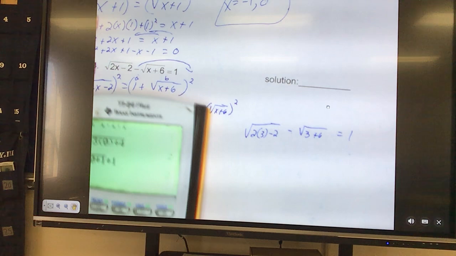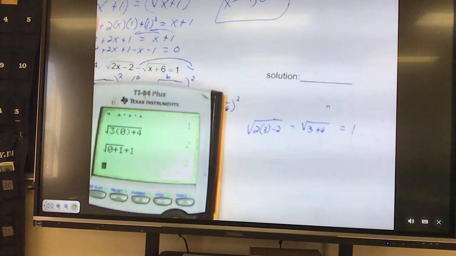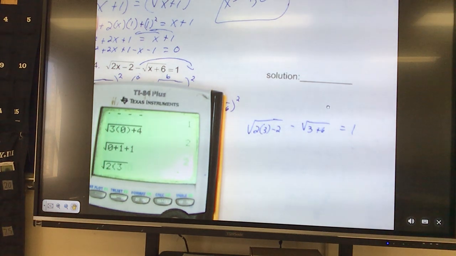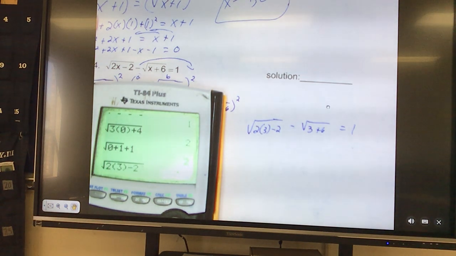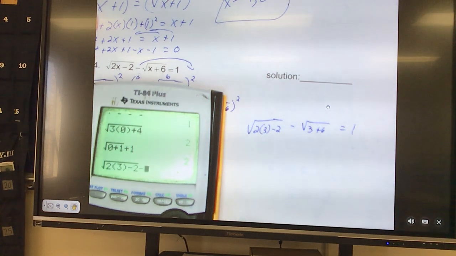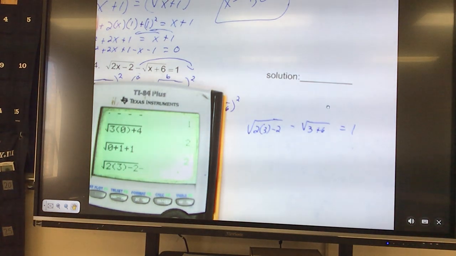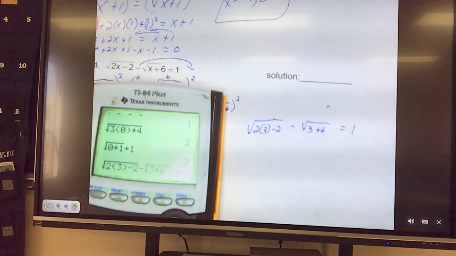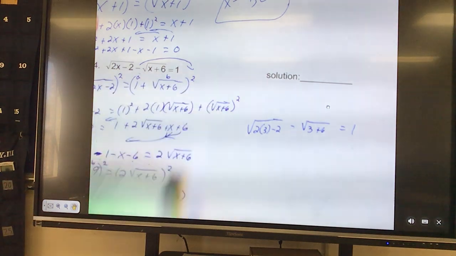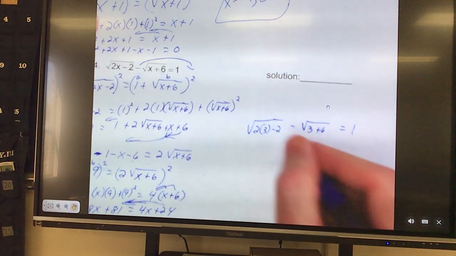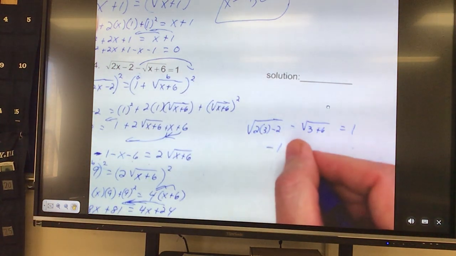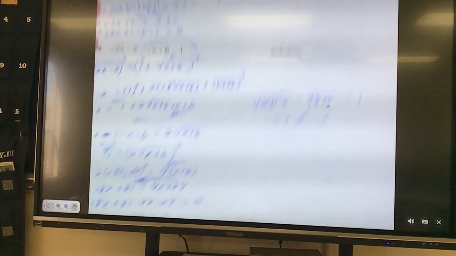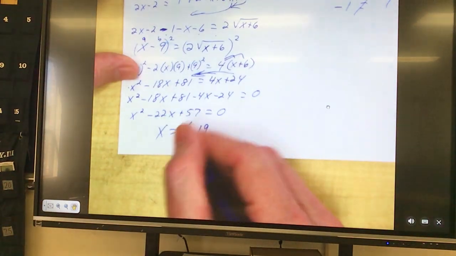We go to our calculator and we type in just like it looks. 2 parentheses 3 close them minus 2, move out, minus square root 3 plus 6, hit enter and it equals negative 1. So negative 1 does not equal 1. So 3 is not an answer choice, so I can go ahead and scratch it off.